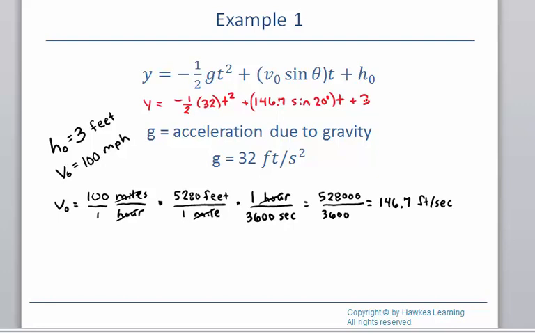All right, so let's see what we can do to simplify. So 1/2 of 32 is going to be -16. I'm going to come down here with it. So I've got -16 t squared plus, I'm going to go to my calculator with the 146.7 times sine 20.